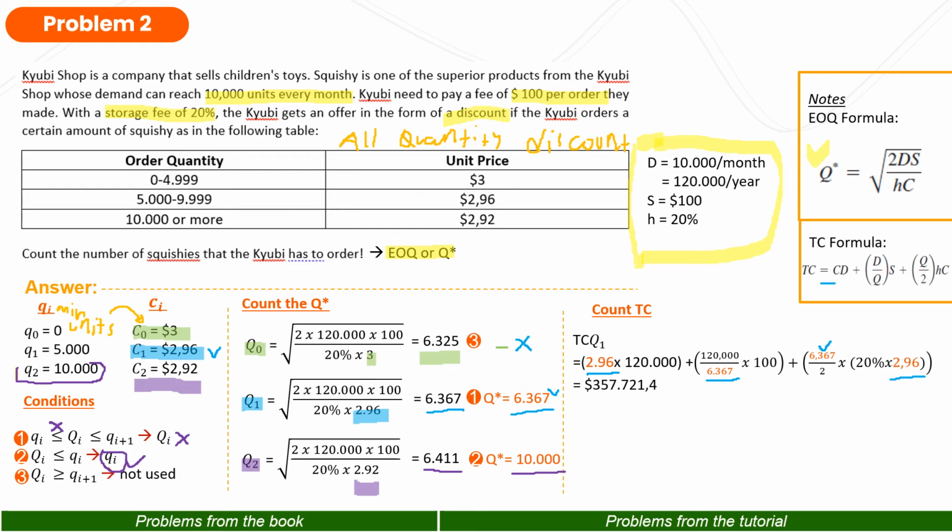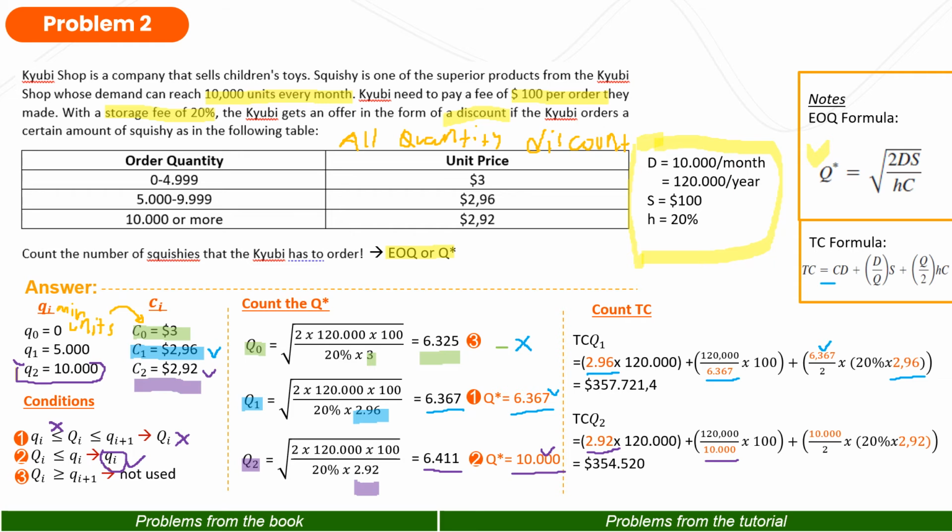And then for the total cost for the Q2, the formula is also the same. The difference is the cost, that is 2.92, and then the Q star. So the Q star for the Q2 is the minimum units, that is the little q2 here, that is 10,000.